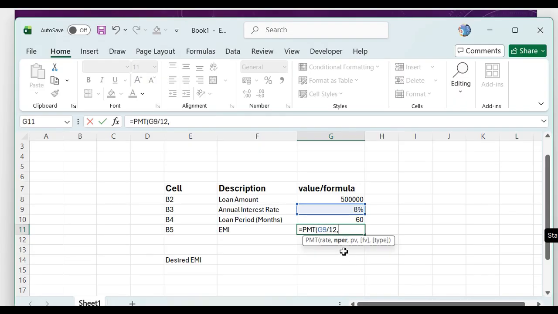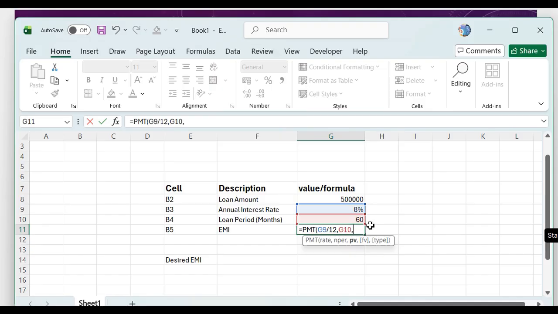Next one, NPER, the number of periods, which is 60. Select that cell. And PV means present value, which is the 5 lakhs amount borrowed. We have to use the negative sign for this. Why?